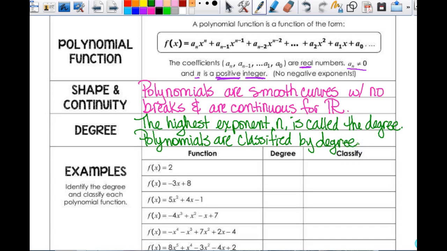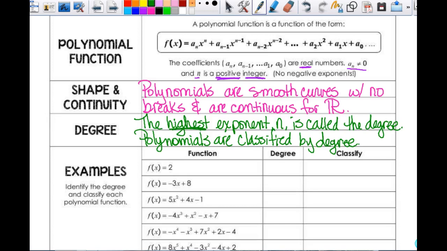So the highest exponent n is called the degree. Polynomials are classified by degree. So it's important here that you understand that it is the highest exponent, not necessarily the first exponent. If you actually have it written with an exponent order from greatest to least like it should be, then it would be the first. But it is possible that you get something that's mixed up, so make sure you don't fall into that trap and you actually look at the highest one.